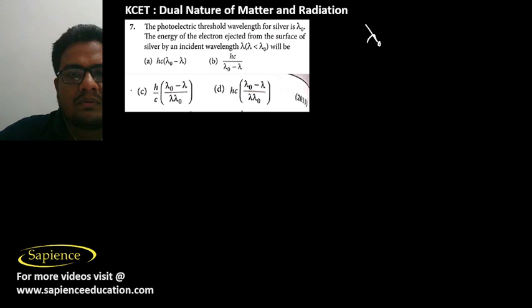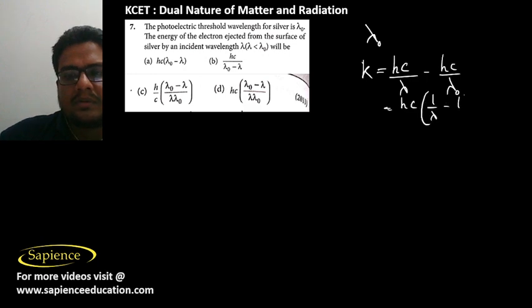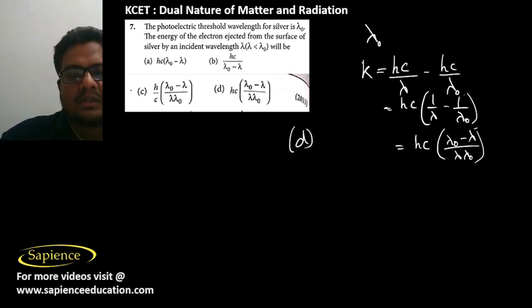So the kinetic energy is equal to hc by lambda minus hc by lambda naught, which is equal to hc into 1 by lambda minus 1 by lambda naught, which is equal to hc into lambda naught minus lambda by lambda naught. So option D is the correct answer.